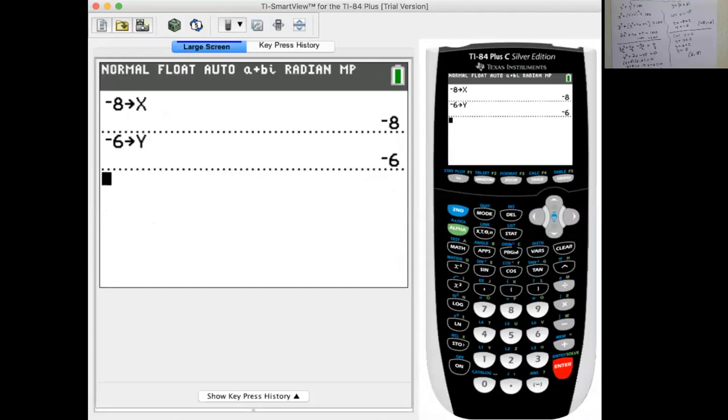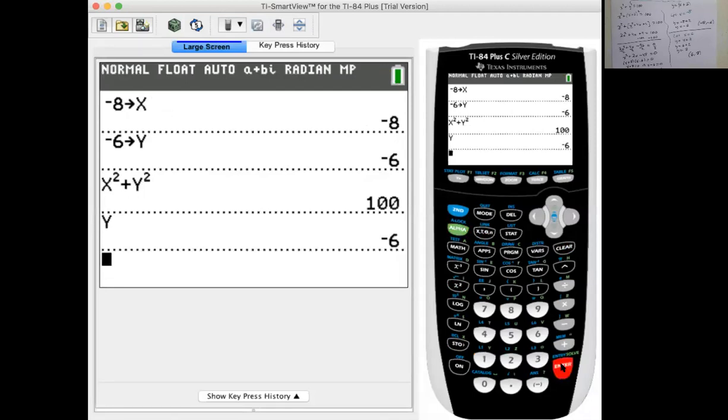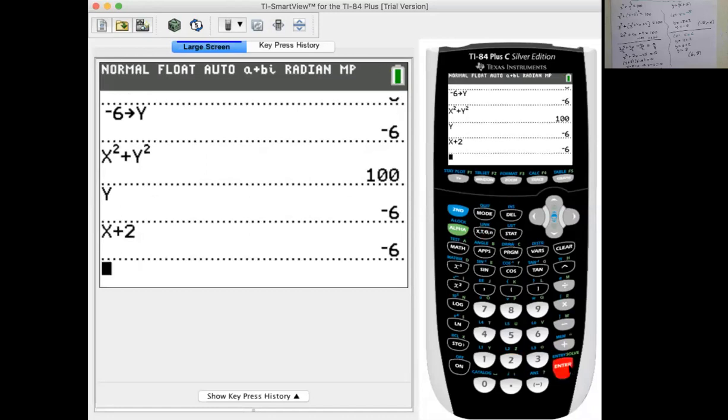And I want to see, is x squared plus y squared, does that equal 100? I hope so. Does y equal x plus 2? What is y? y is -6. How about x plus 2? Also -6. So that worked out well.